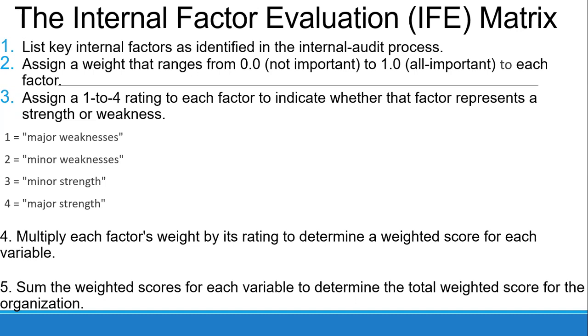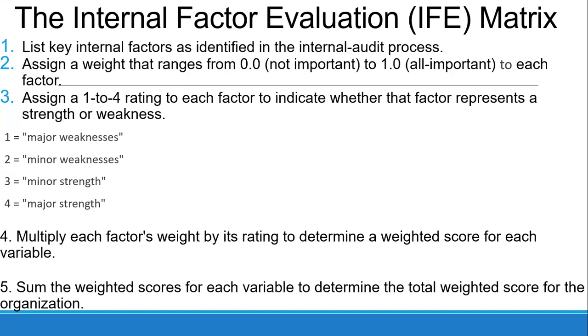So if you are getting a lower total weight score for specific indices, such as organizational culture or technology, what is the implication? And if you are getting higher scores for other internal factors, what is the implication?